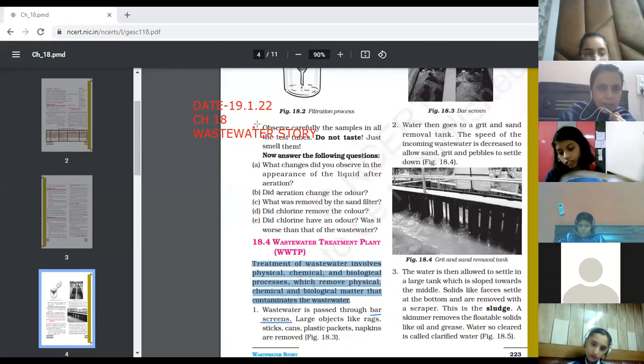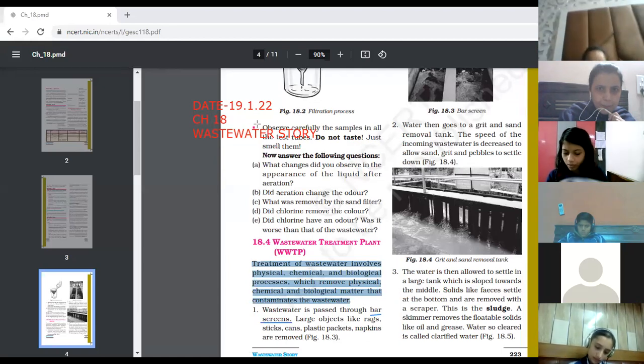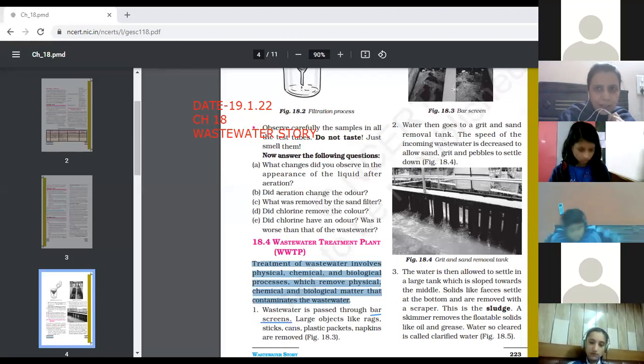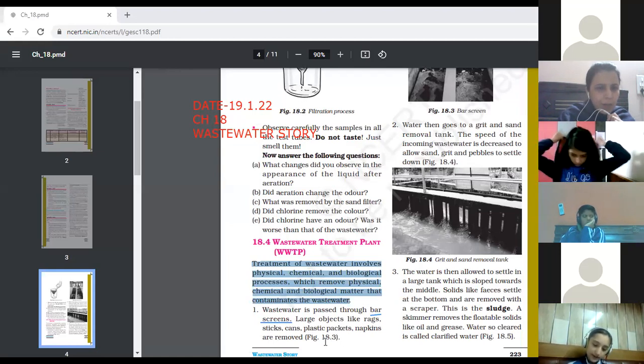First is the bar screen. The water is passed through the bar screens. A bar screen, you can understand, is a structure like a mesh. Here the large objects like rags, sticks, cans, plastic bottles, packets, napkins, etc. are removed.